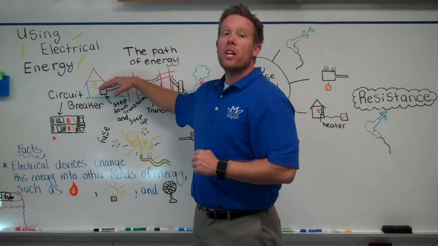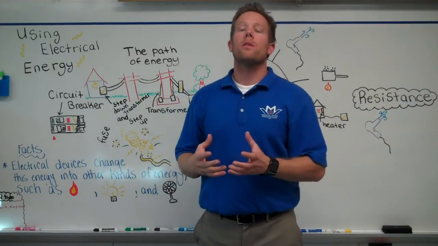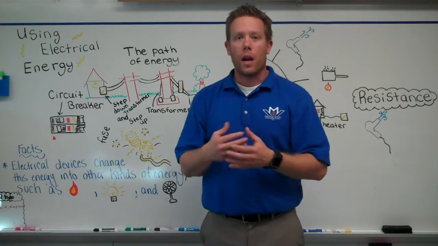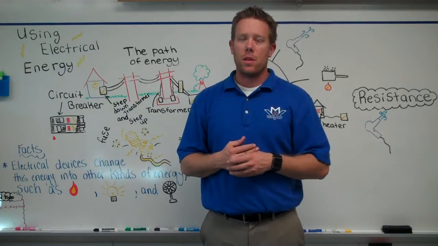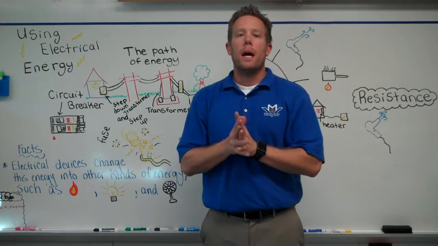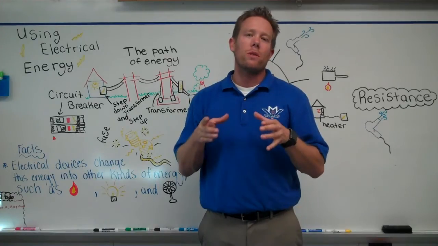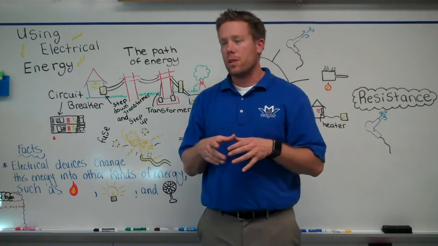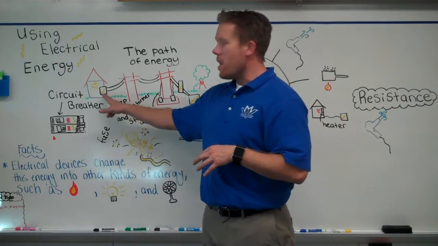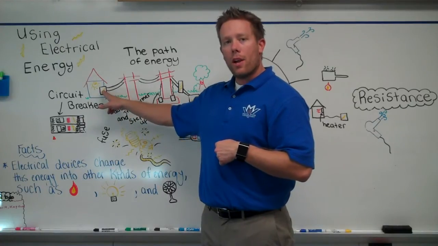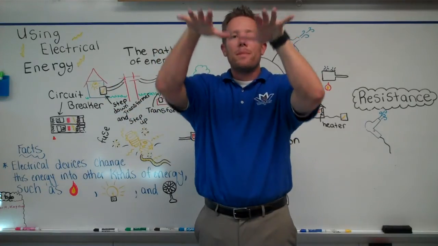Now when it gets down to your house, 400,000 volts is too strong to be used by your house. A lot of the appliances in your house only use about 240 volts. So what happens is you have another transformer at your house that steps down.